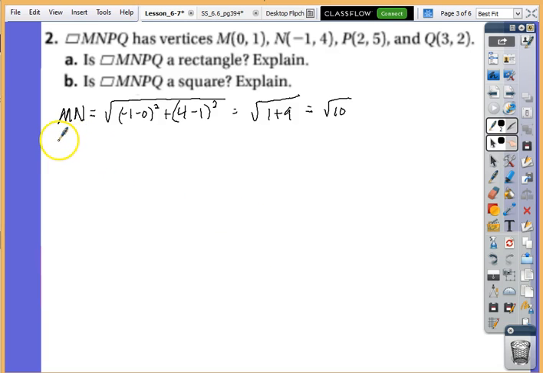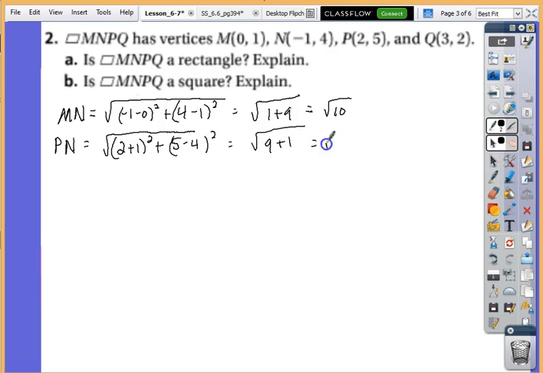And then I'm going to find PN. PN is 2 minus -1, so that would be 2 plus 1 squared, plus 5 minus 4 squared. So that's equal to the square root of 9 plus 1, which is the square root of 10.